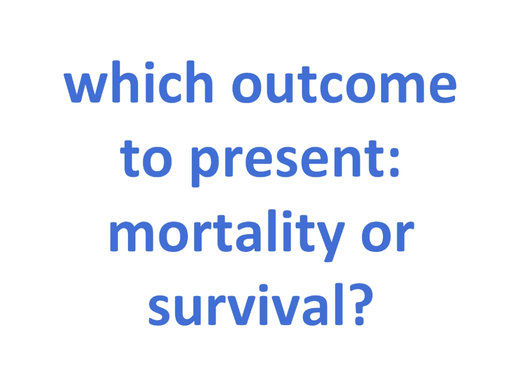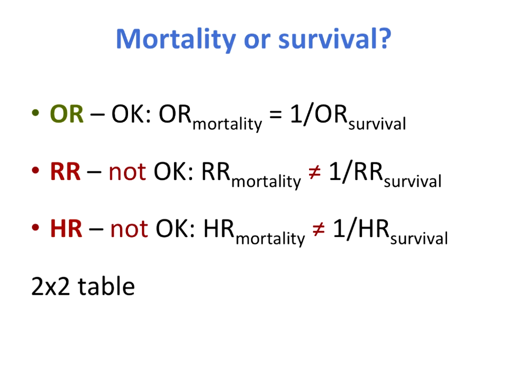So we can flip each of the outcomes from the beneficial to the harmful the same way. Now the question is which one to use. And the detailed question was: if we have information about mortality, can we flip the effect measure and present it as survival?